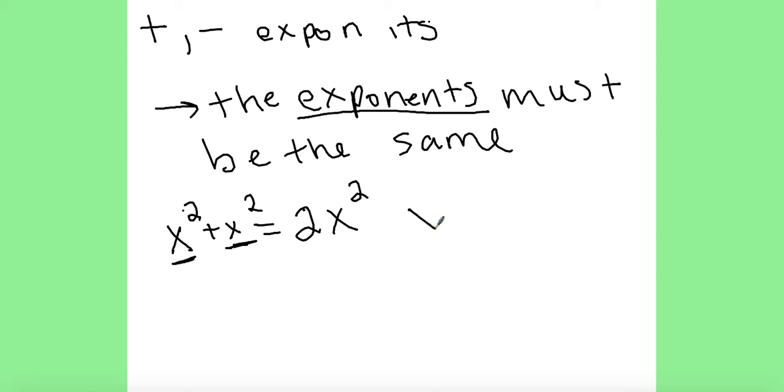So yes, we can do this. But I cannot do x cubed plus x squared. I cannot simplify this. If I replace x with a number like 2, these end up being two different values. Okay. 2 squared plus 2 cubed. Okay, 2 squared and 2 cubed are not the same number.